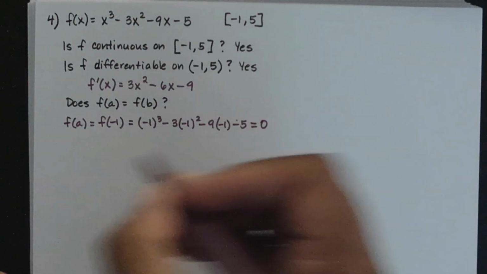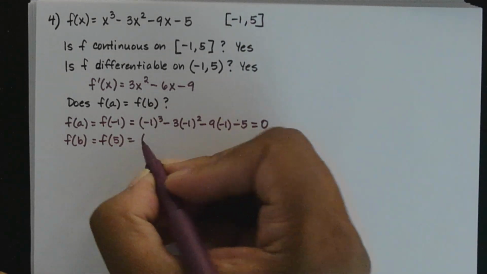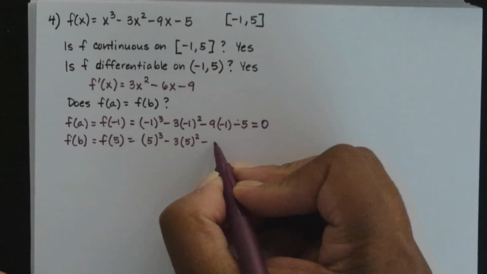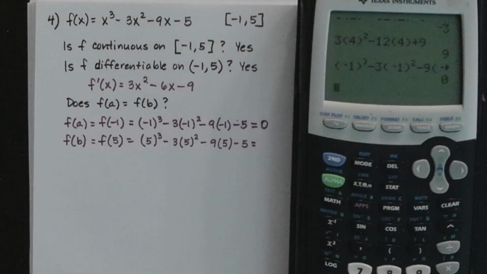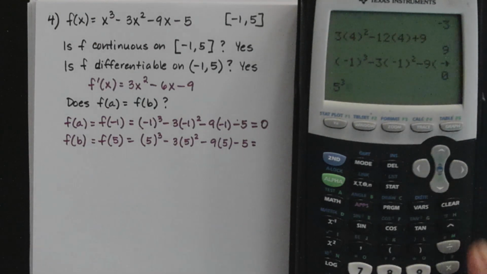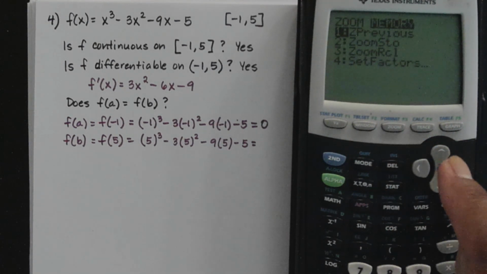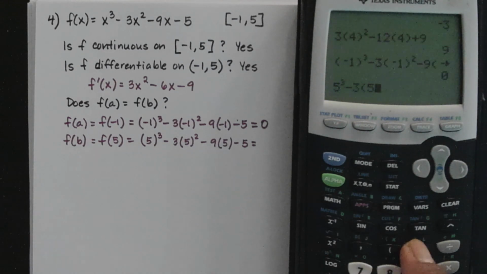So that means when I do f of b, or f of 5, I must also get 0. So here I'm going to have 5 cubed minus 3 times 5 squared, minus 9 times 5, minus 5.